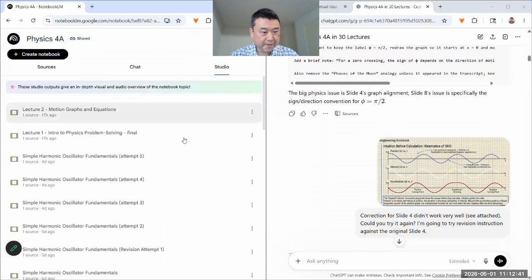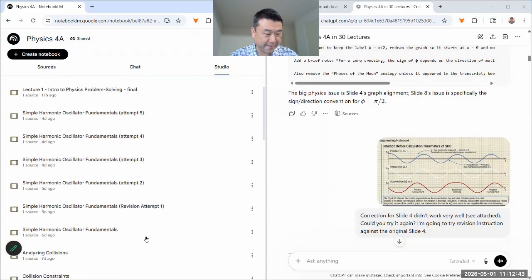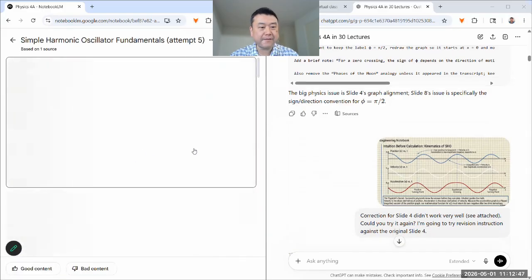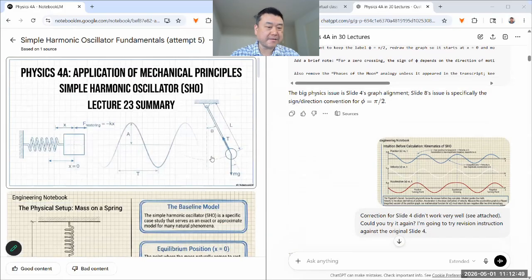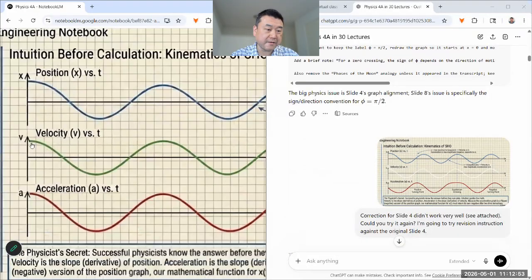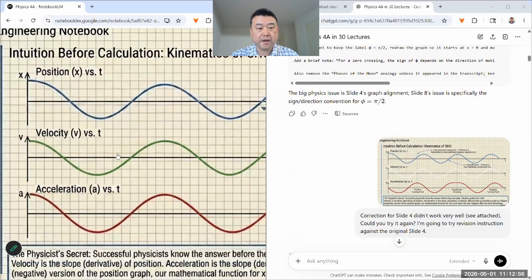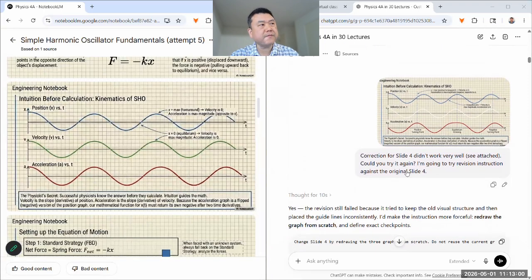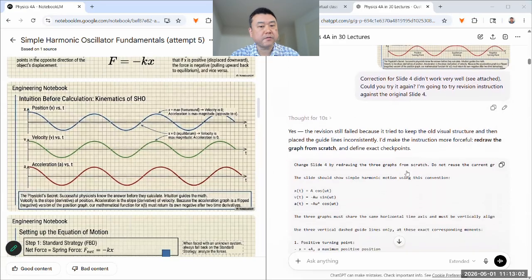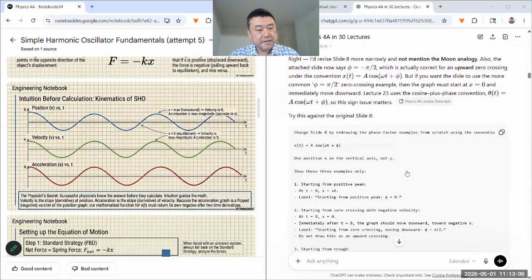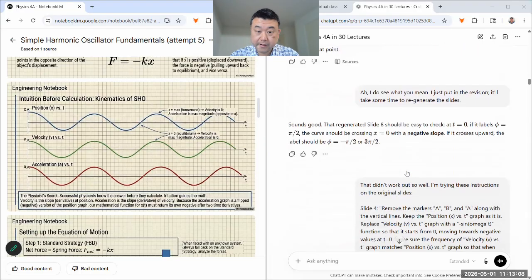So that's what all these number of attempts are, and attempt number 5 is the best version I could get, and even there it's still not a correct velocity plot. I think fixing graphs to be correct when it didn't do it correctly the first time around doesn't work all that well.